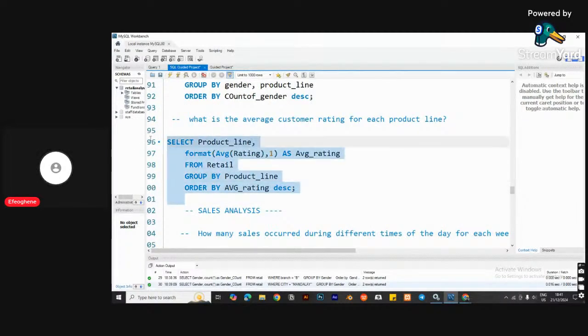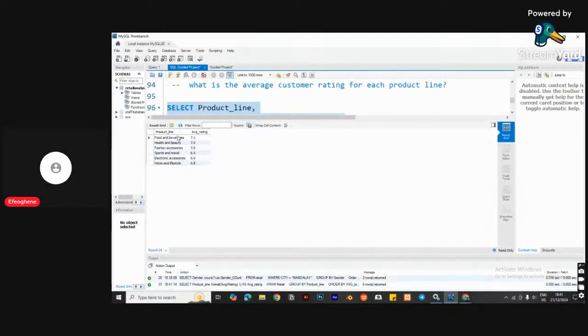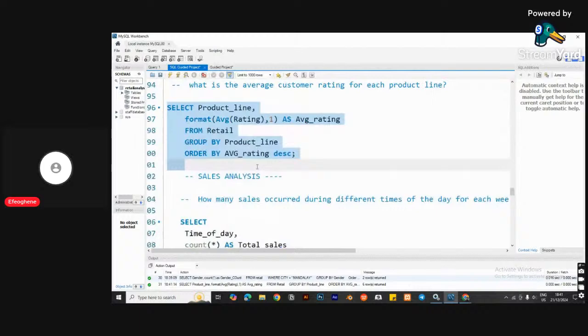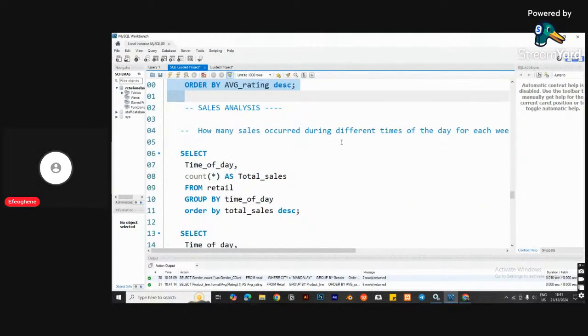All right, so you can see the average rating. This is the highest ratings for food, healthcare, fashion, sport, and travel. All right. So why are we asking this question? If you take a look at this first question we did, how many sales occur during the time of the day?